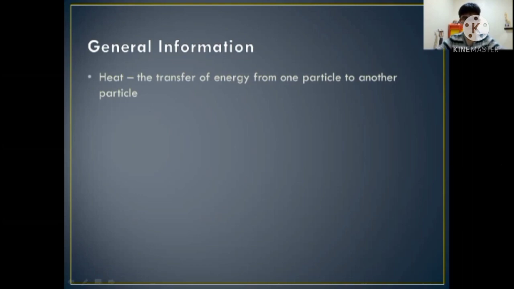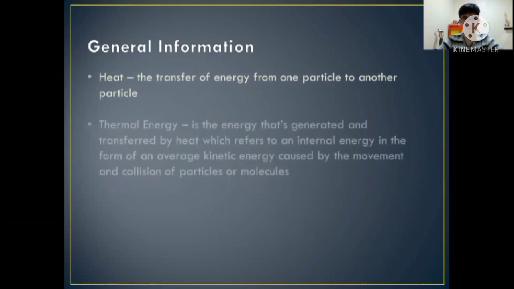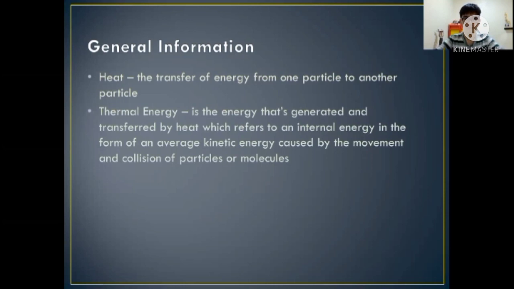And the second one is thermal energy. Thermal energy is the energy that's generated and transferred by heat, which refers to an internal energy in the form of an average kinetic energy caused by the movement and collision of particles or molecules.